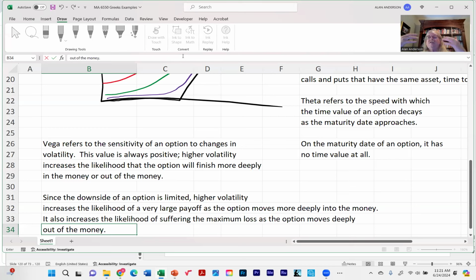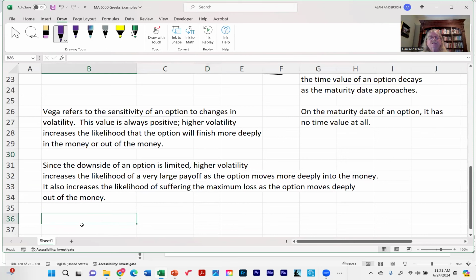So in other words, if I'm doubling the likelihood of getting a huge gain or huge loss in the stock price, on the downside, there's a cap to how much I can lose. On the upside, there's no gain maximum. So therefore, on balance, I'm better off with a more volatile asset than a stable asset. Because of that, the Vega is positive.